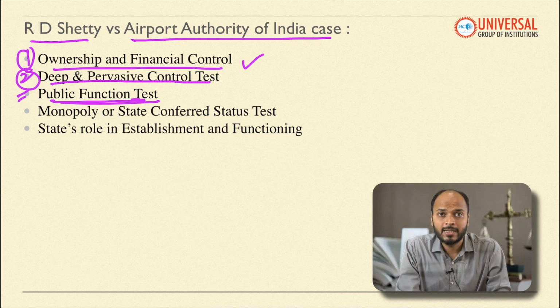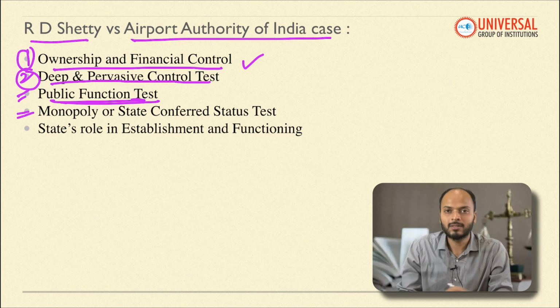If that authority is performing some public function, right? For example, maintaining law and order is the role of the police, a public function. Even if a private body performs a similar kind of function, that is, maintaining law and order, then in such a case that private body can also be considered part of state.